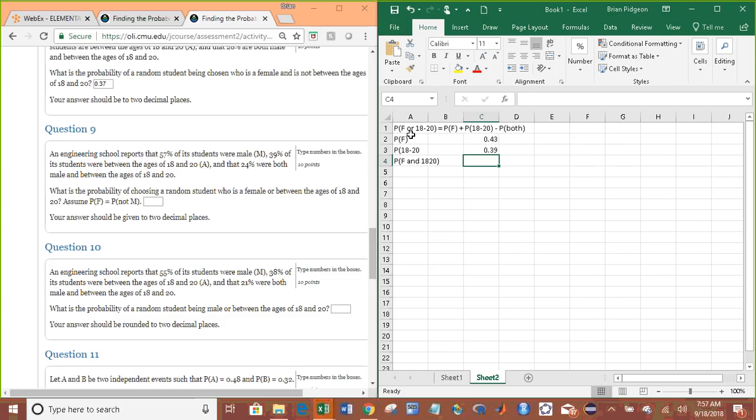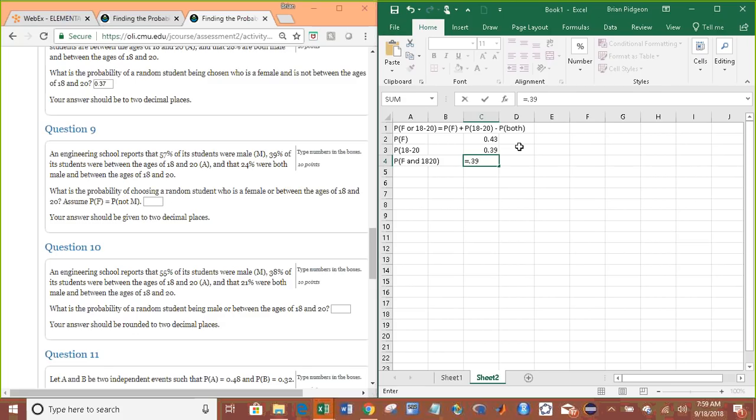And then we need to find the probability of being female and between the ages of 18 and 20. Well, really easily, that's just going to be the probability of being 18 to 20, which we're given is 0.39. But this number, if you think about what these mean, the probability of being 18 to 20 includes both males and females together.